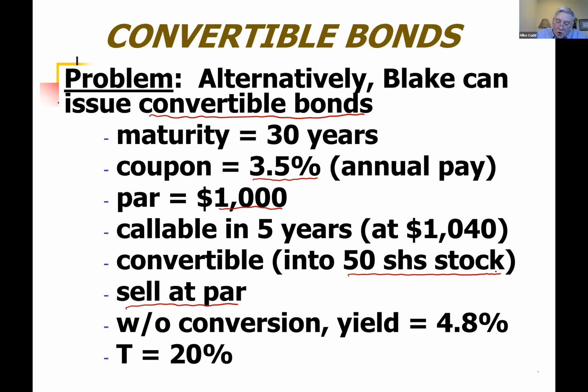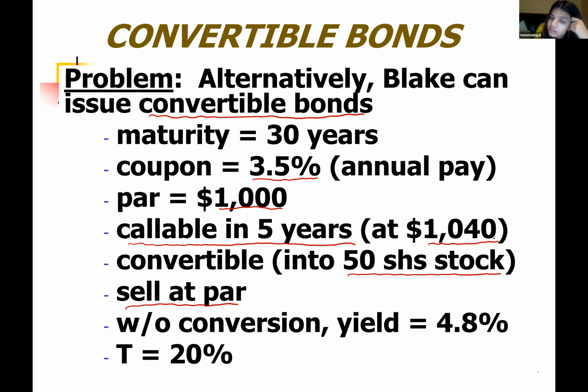And all convertible bonds are also callable. These bonds are callable in 5 years for a call price of $1,040. Here's the thing, the bond investor looks at the convertible bonds and thinks it's the best of both worlds.